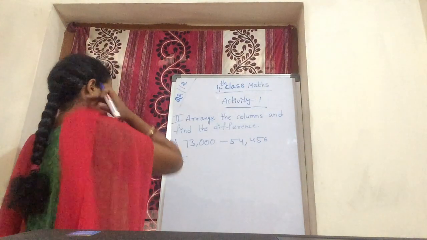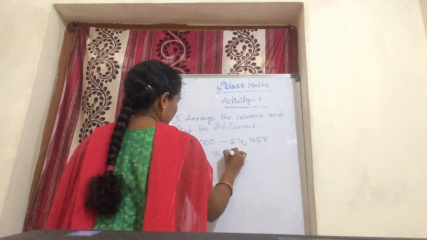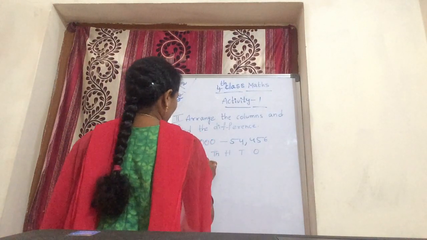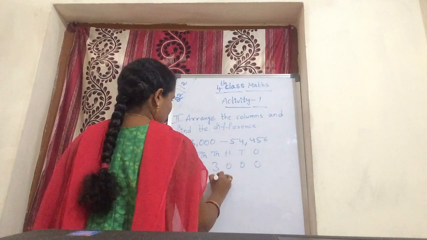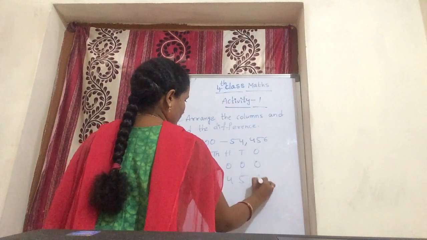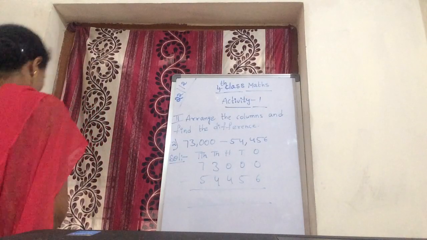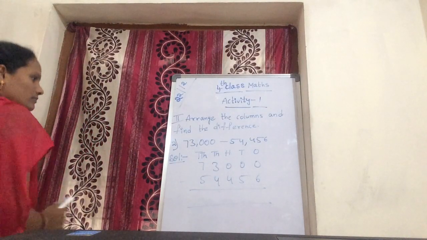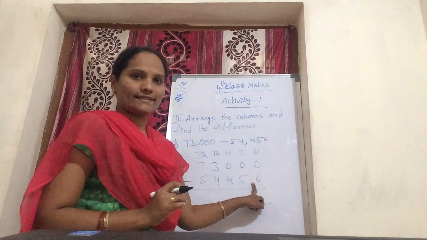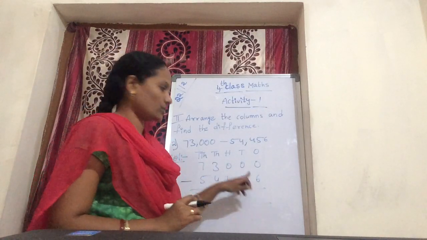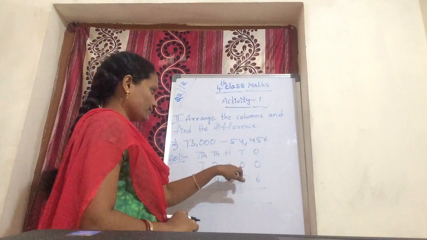First, arrange in columns. Okay. Now 0 minus 6, is it possible? No. So you're taking borrowing from this 10.